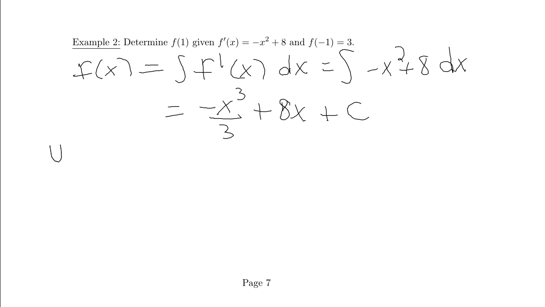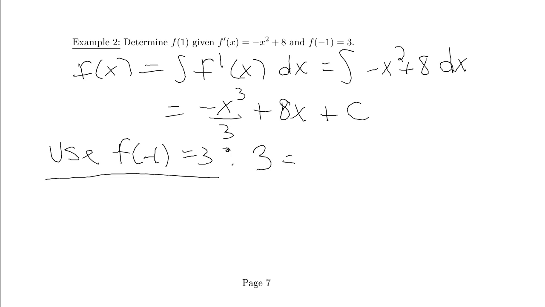So we want to use all of the information we have. We want to use the fact that f of negative 1 is equal to 3. And this is going to allow us to solve for our specific constant. So using that, 3 is our y value and negative 1 is our x value.